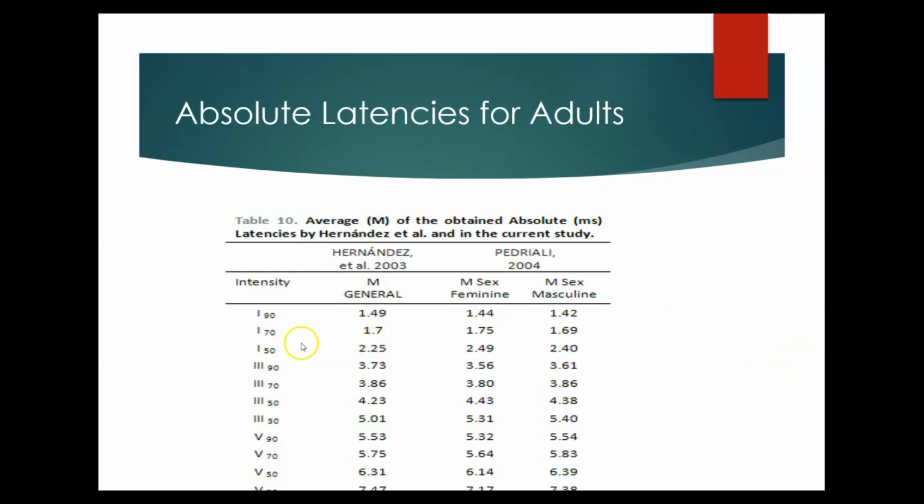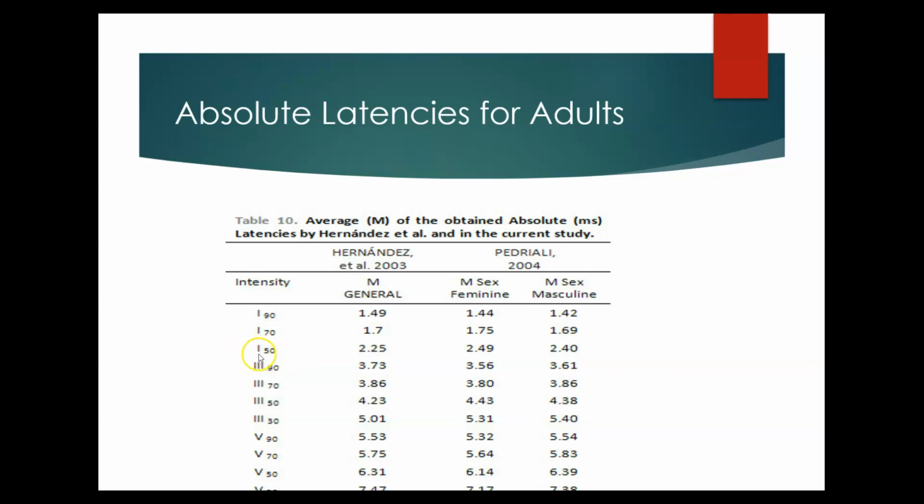Okay, so here, this is 2 different data tables. Over here, you'll see the intensity: 90, 70, 50, 90, 70, 50, 30. These are the expected onsets of each of those waves at 90 decibels, at 70 decibels, at 50 for wave 1.